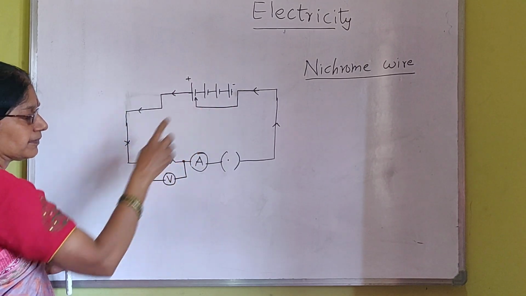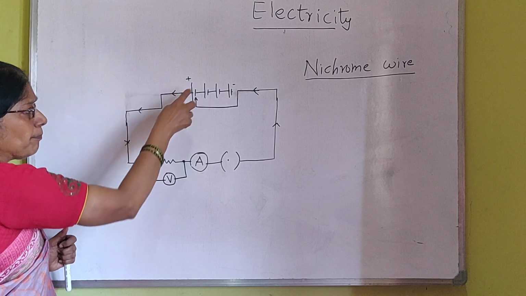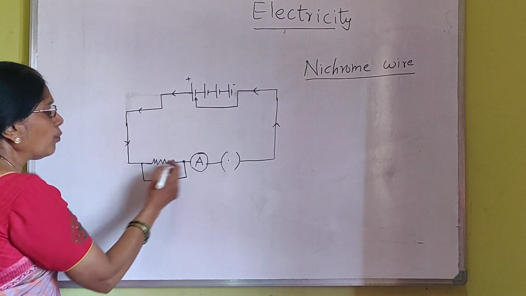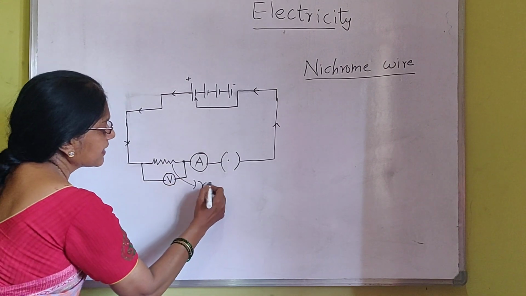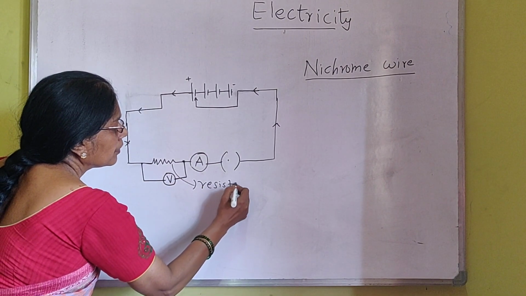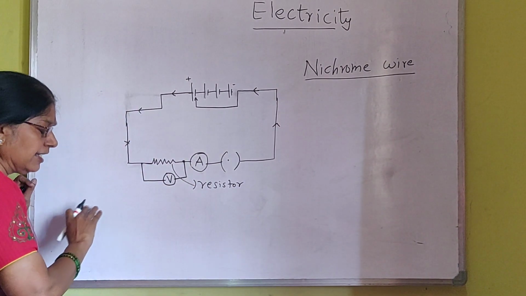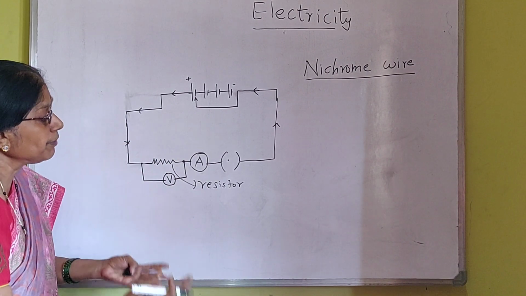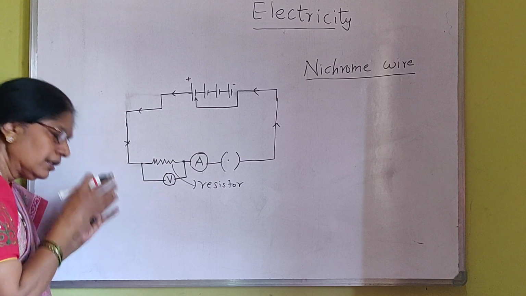Then he connected the positive end of the battery with the wire, which is called a resistor, whose current and potential difference is to be calculated and the relation between them is to be drawn.